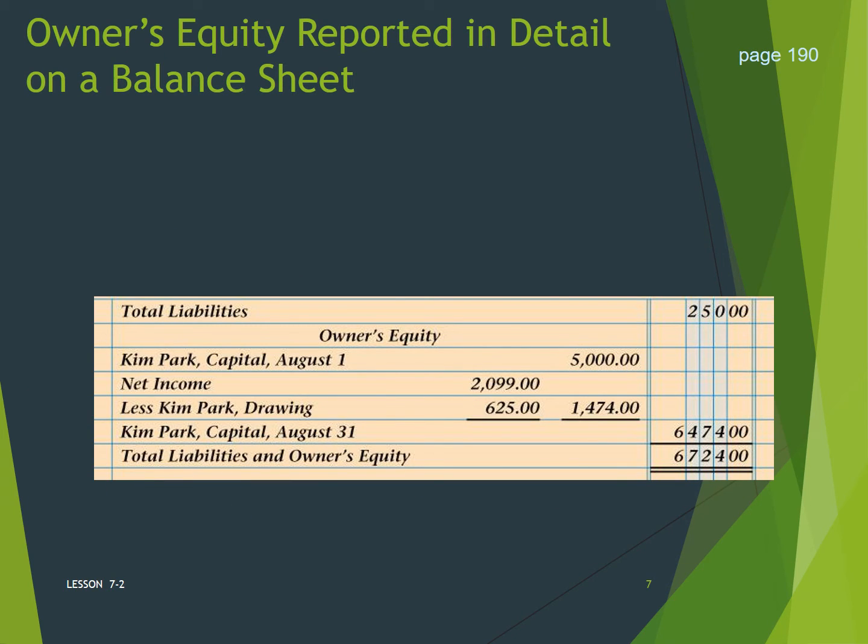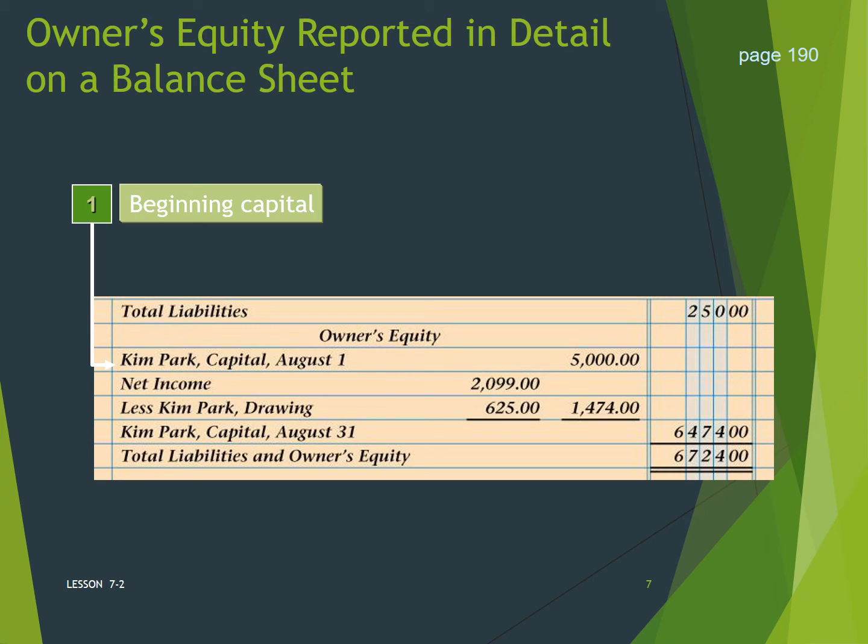It is now time to determine our owner's equity section on the balance sheet. After we write the words total liabilities, the next line will have the title Owner's Equity, and it will be centered on the balance sheet.